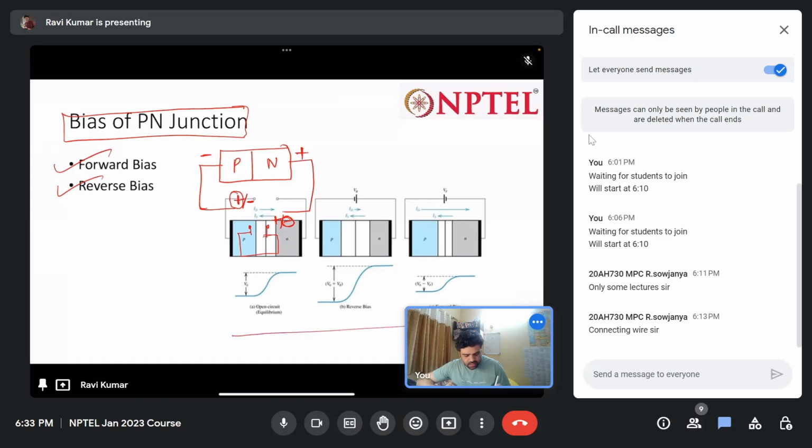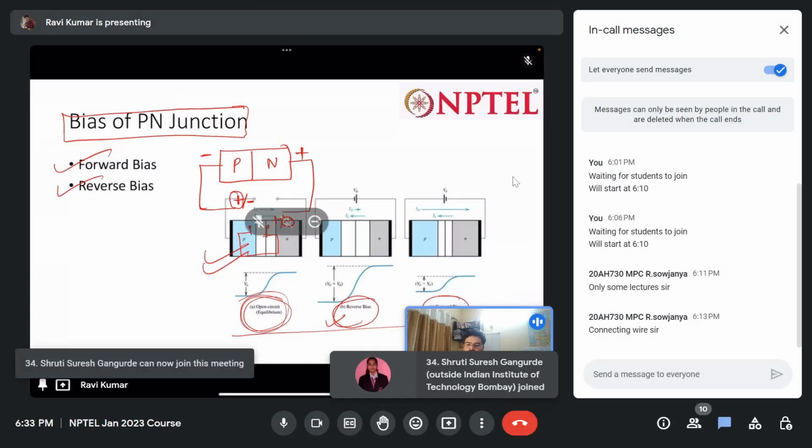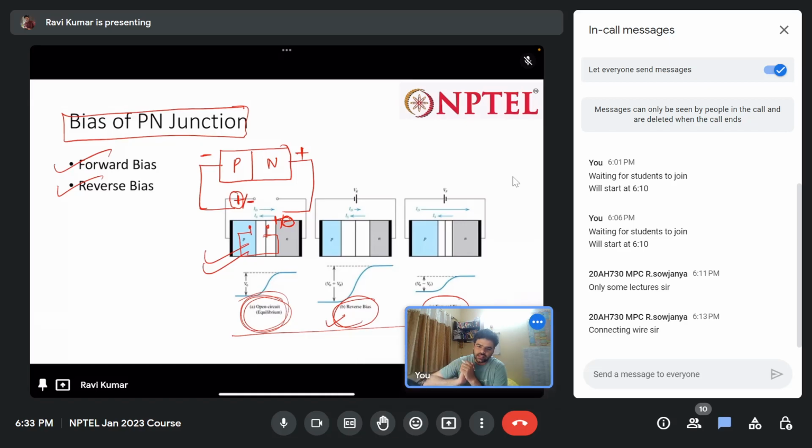So this is the figure showing forward bias and reverse bias. Sorry, this is equilibrium without biasing, this is reverse bias, and this is forward bias. So why do you think in reverse bias there is no current flowing through this diode? Why is it blocking in reverse bias?